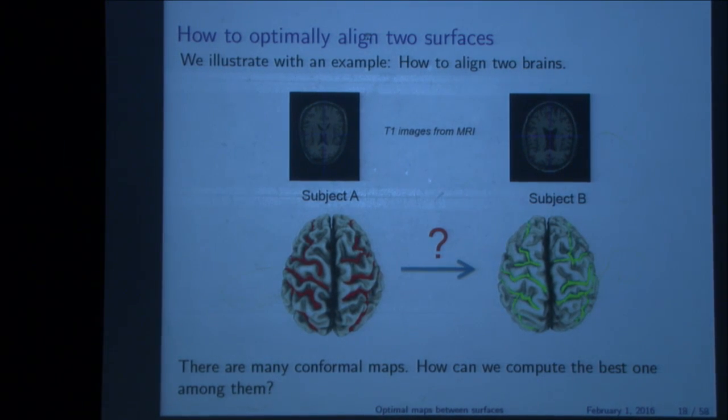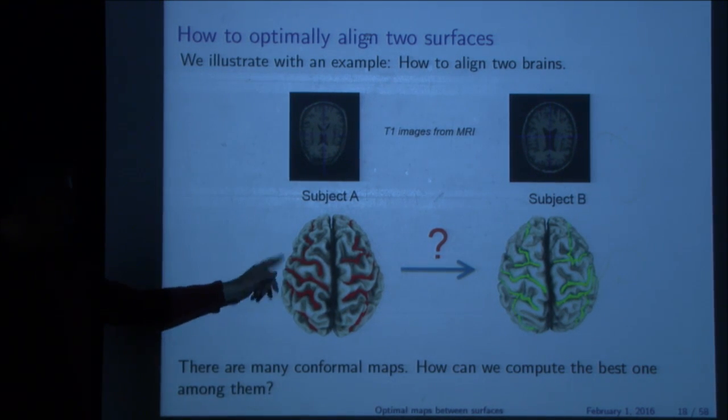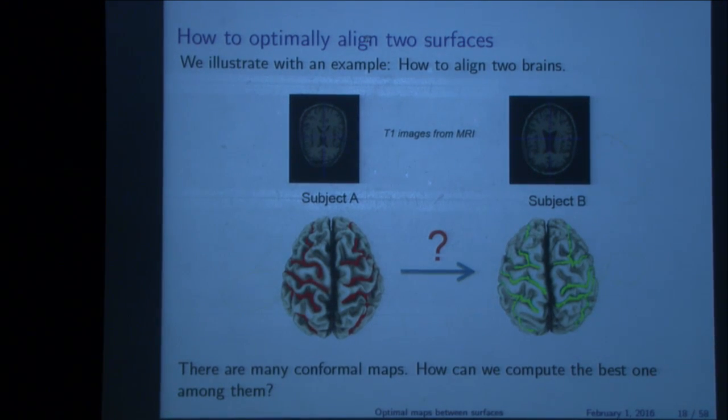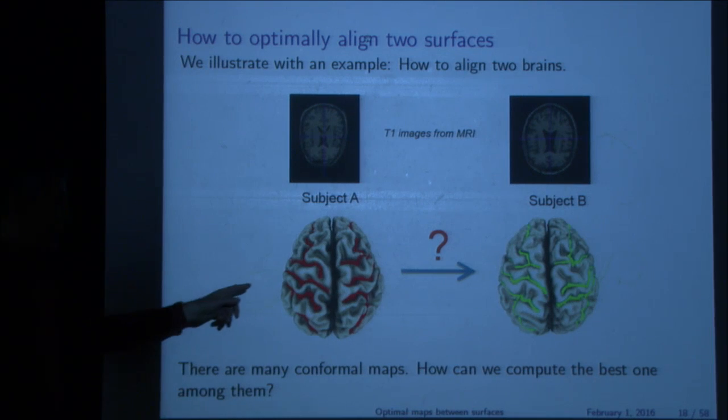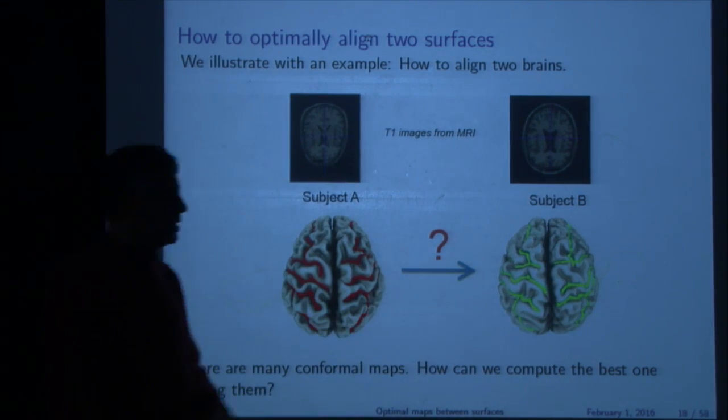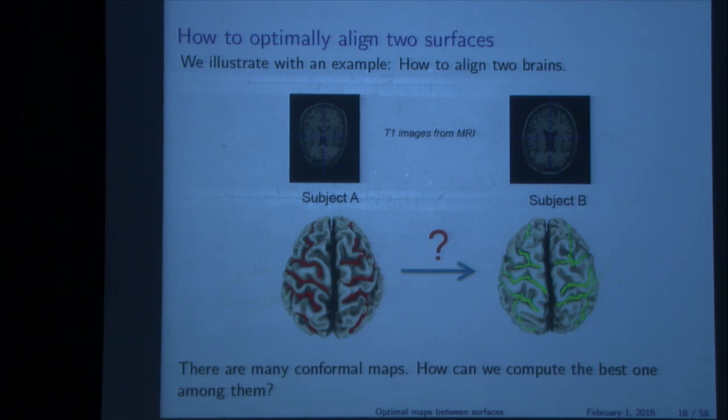These are called sulci. They have importance to neuroscientists. Each one has a name and separates these regions where things like the visual functions or the motor functions will take place. And they're not exactly the same between different people, but there's a high degree of alignment. And so by measuring how well you can align a sulcus in one brain with a sulcus in another, you can measure how good an alignment scheme is.